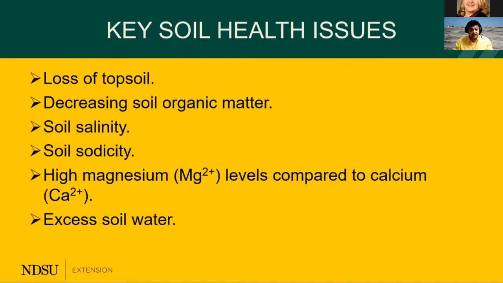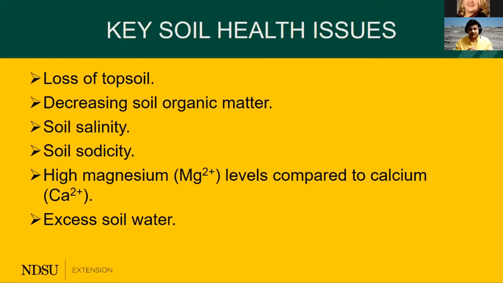Number one, I mostly won't talk about loss of topsoil and how we can increase the soil organic matter, because when we remediate salinity and sodicity, that will take care of those issues. But the loss of topsoil has been huge.